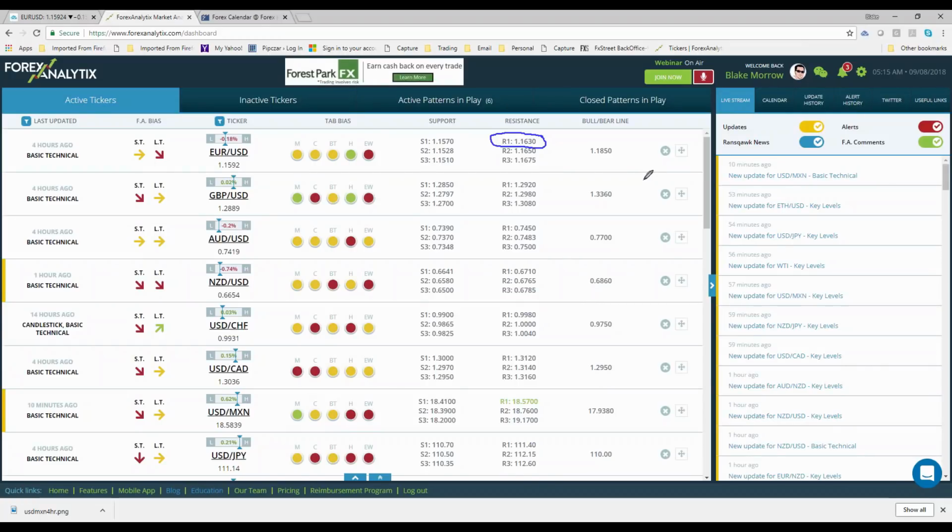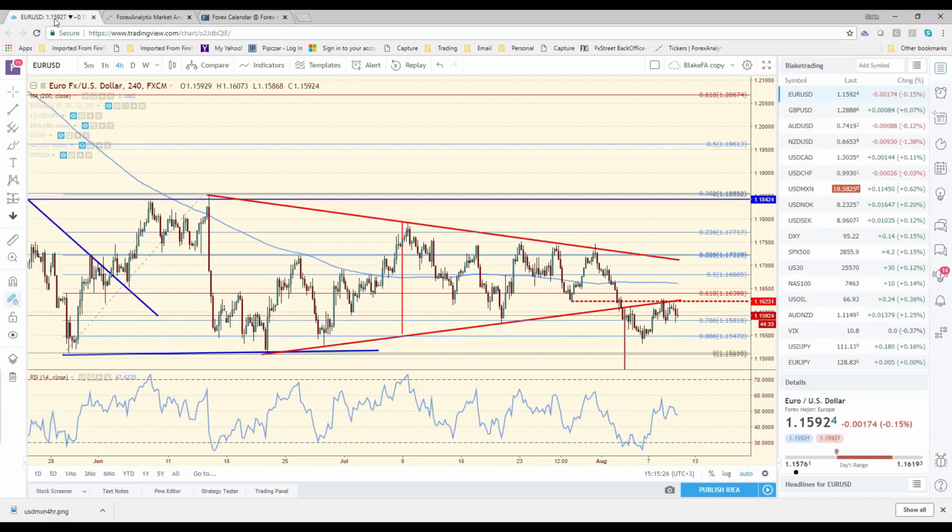And if it breaks above 116.30, it's going to be a breakout, and then you're looking at something like this.